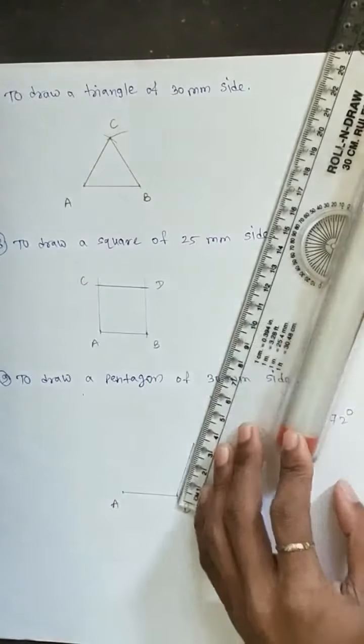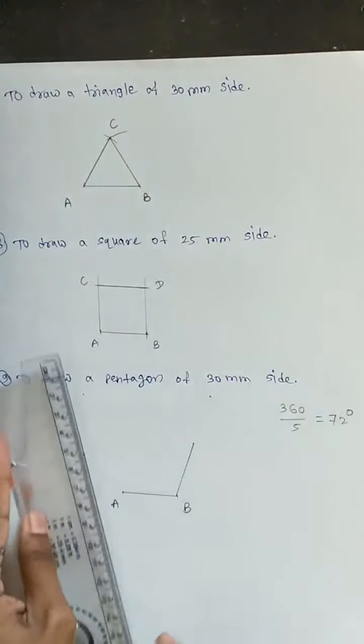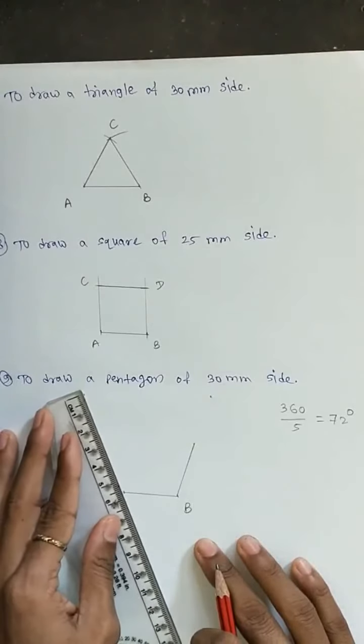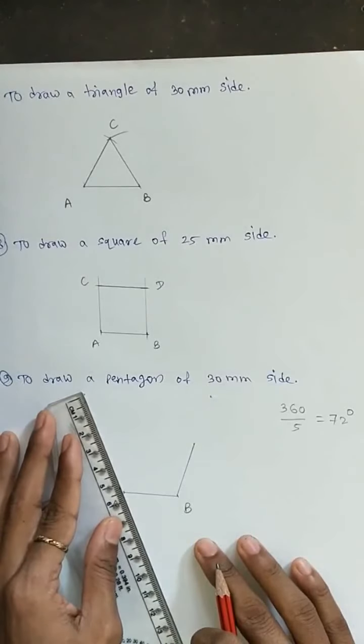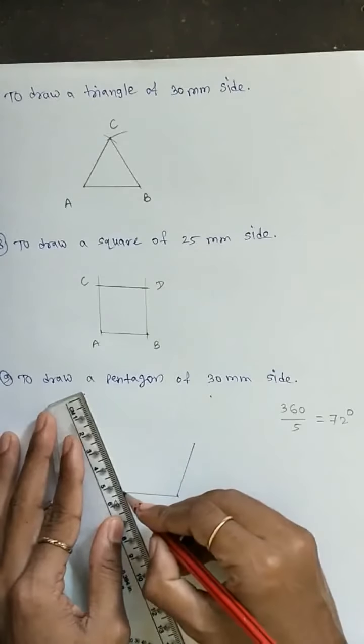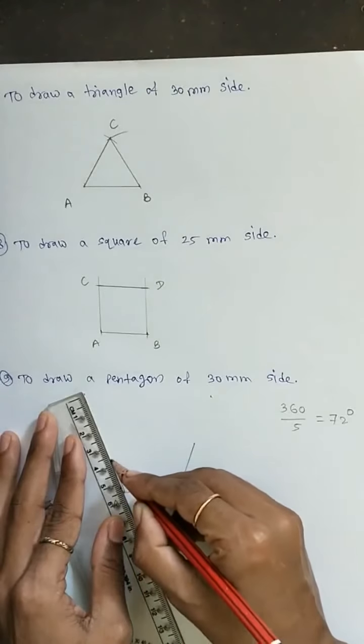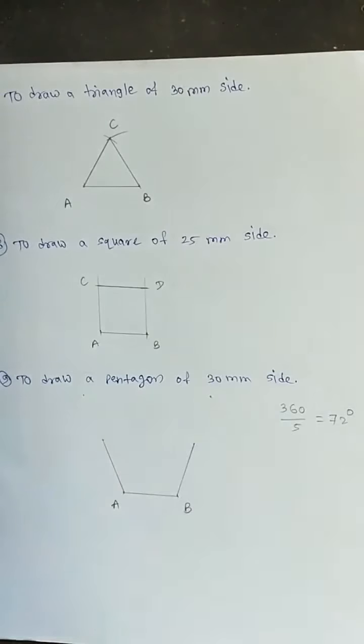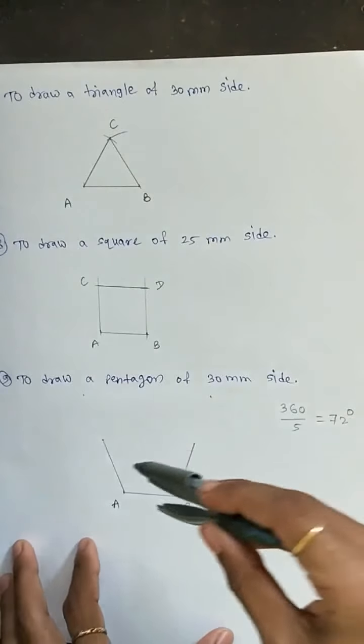So 30 mm I have taken on this side, and then on this side also on 72 degree angle take 30 mm distance. Now 3 sides we have completed. Now 2 sides are remaining.